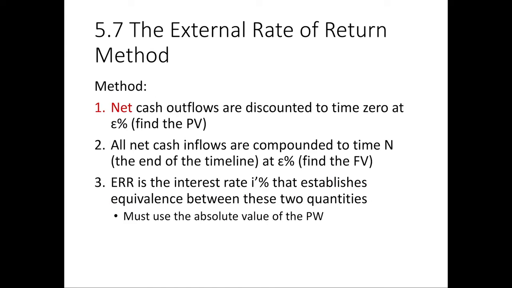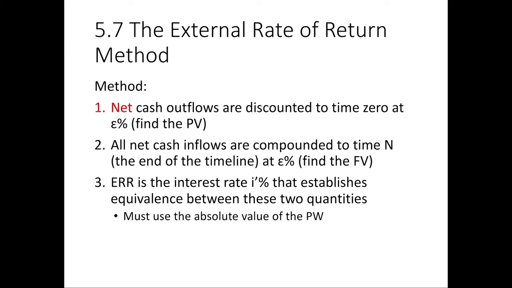And let's just generally talk about the method. You're not going to use the equation to calculate the ERR, but I still want you to understand the method, because it is a very real world problem. So the method is, when you want to calculate the ERR, you first want to have all the net cash outflows discounted to time zero. At what interest rate? At the epsilon percent.